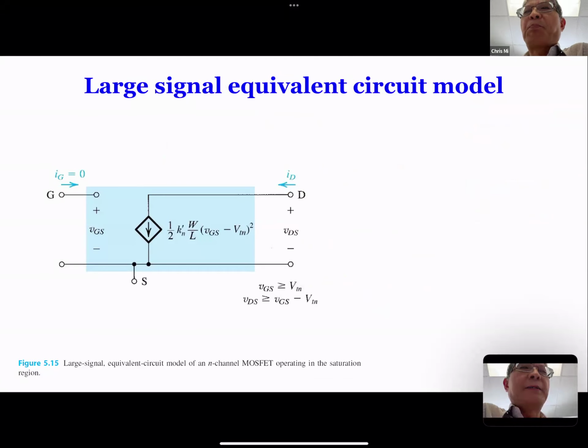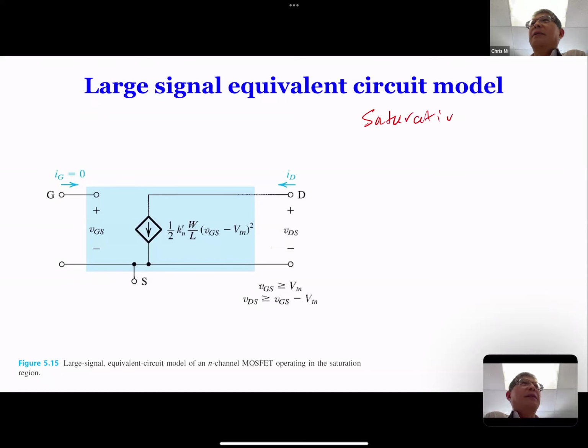If we look at the relations, since we said we're going to use them mostly in the saturation region, I'm going to clarify that this is in the saturation region of the MOSFET.